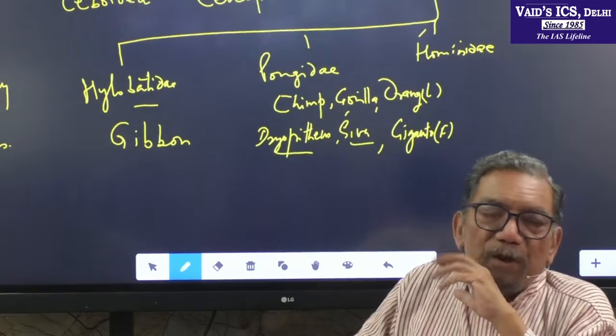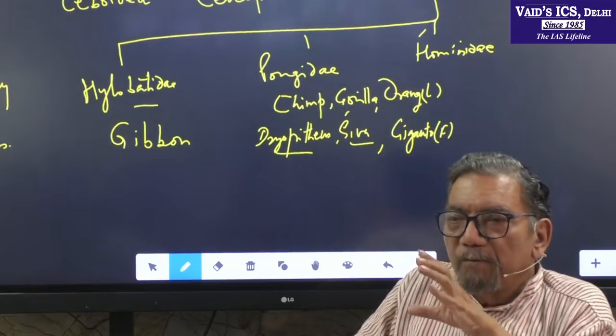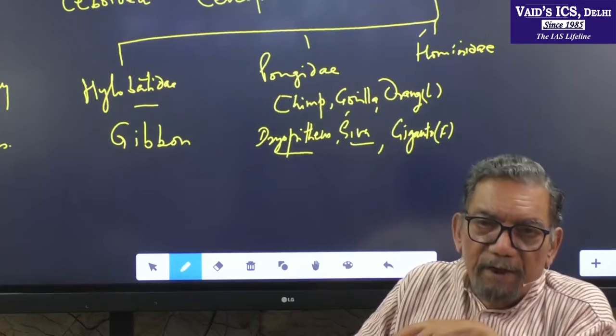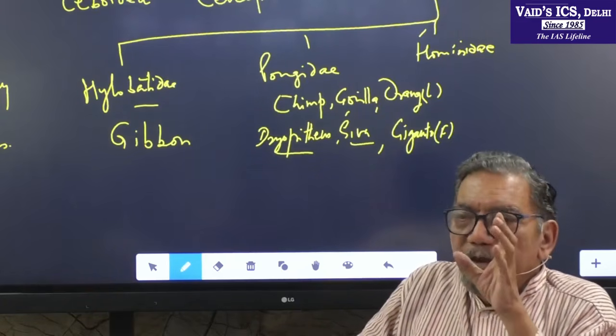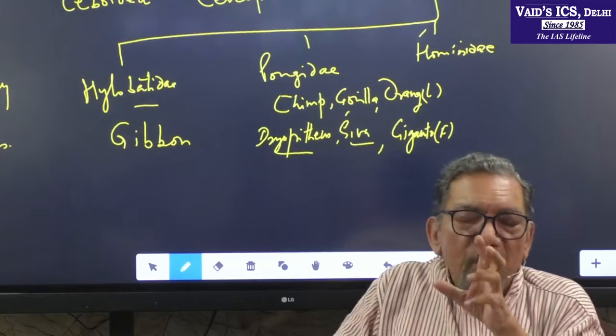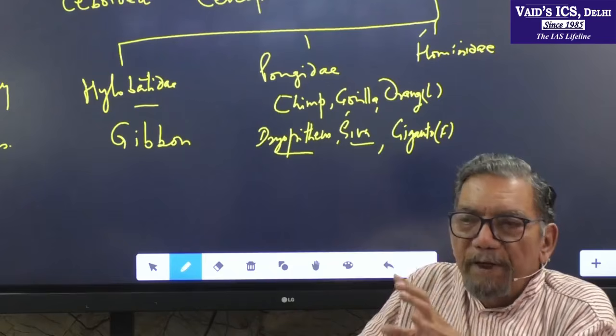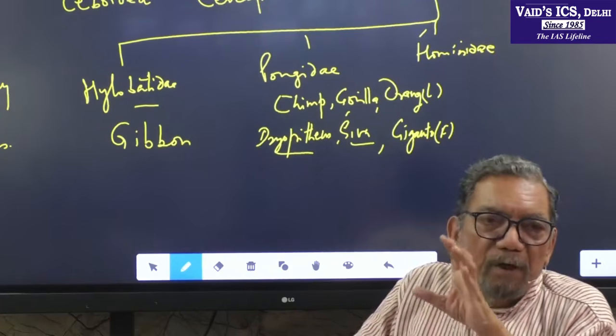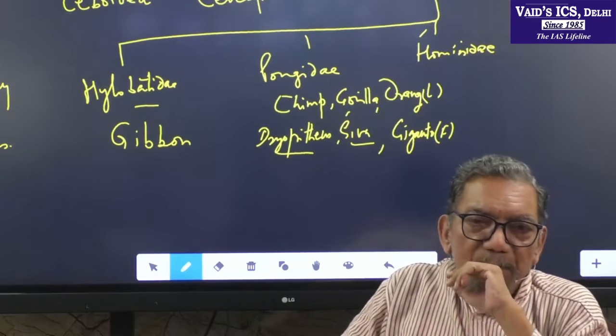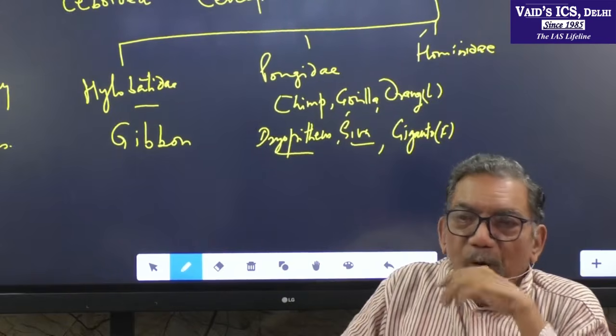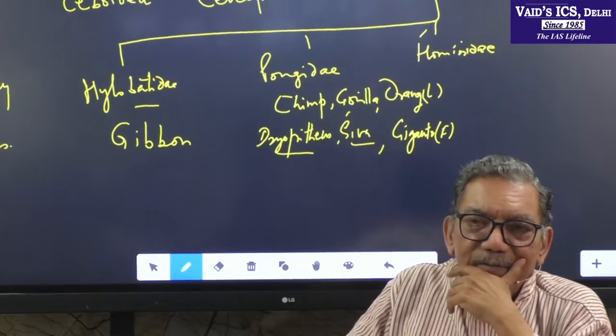So if I say that Dryopithecus was a Miocene pongid, it means that Dryopithecus was an ape that belonged to the Miocene times, and he belongs to the family to which present-day chimp, gorilla, orang belong. Now you will feel like reading the next sentence.